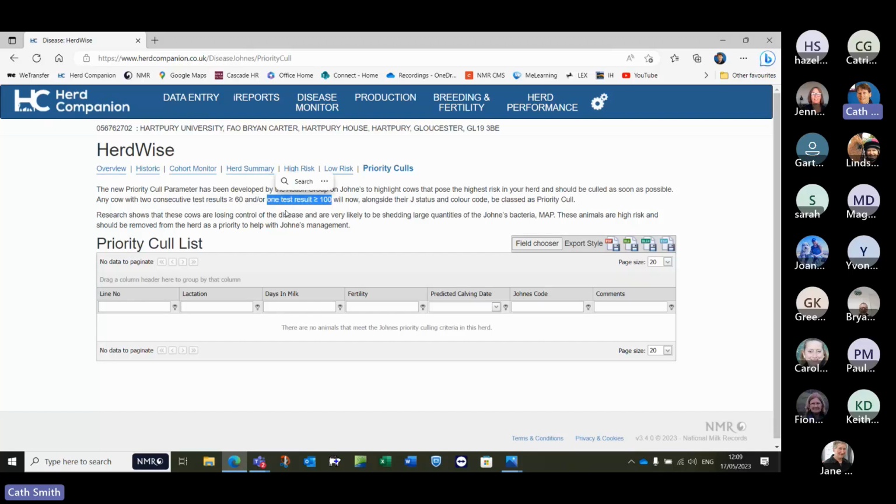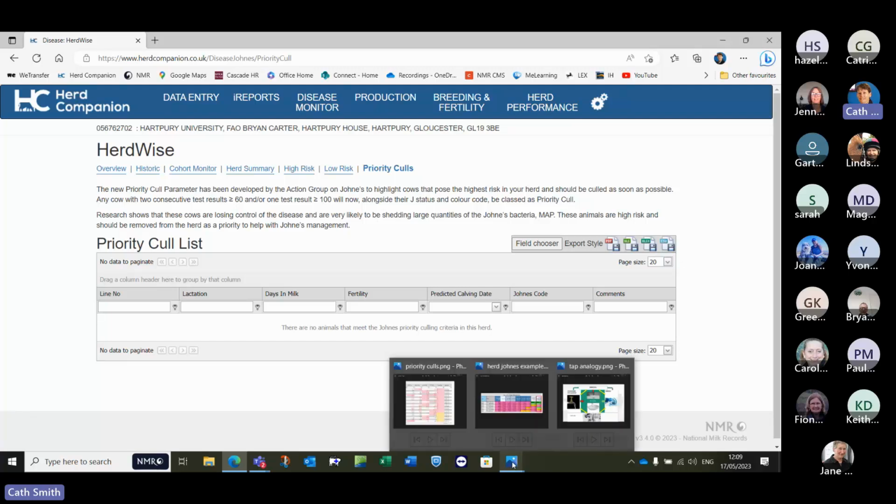So it might be you've got one particular cow that has had a high test. She will not come up on the radar as a J5 if all of her others in any 4 tests are low. So therefore she is now picked out as a priority cull because there is instance of Johne's there, and these animals may be shedding at any opportunity.